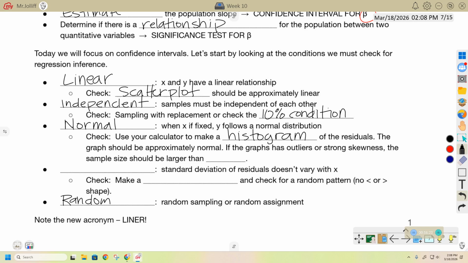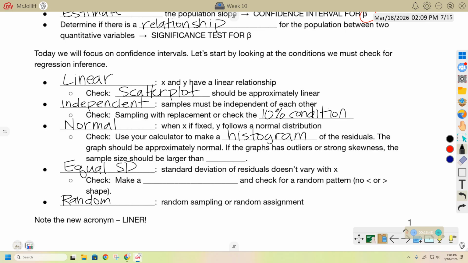This one down here, the last one we haven't talked about, is equal SD. What does SD stand for? Standard deviation. So we want to check that the standard deviation of the residuals does not depend on X. The standard deviation of the residuals should be independent of my input values.